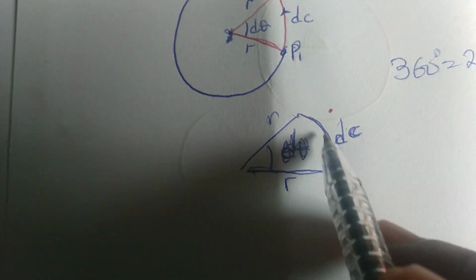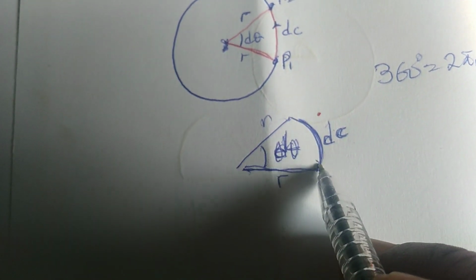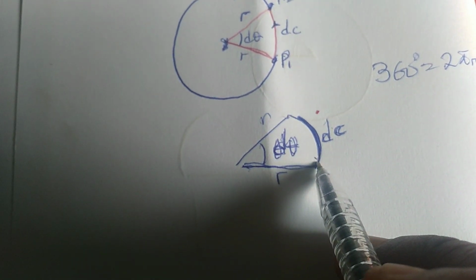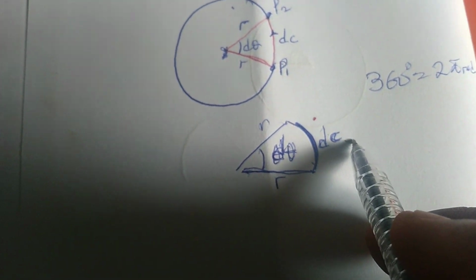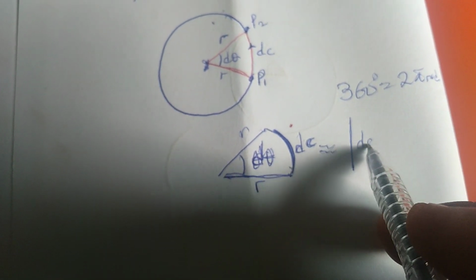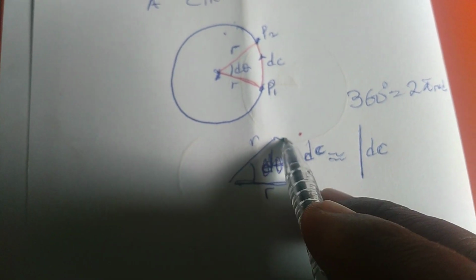Now, because this particular sector is very small, the portion of the circumference, this arc, is also very small, and it can be approximated to a straight line. So this dC can be taken as a straight line because they are very, very small, tending towards 0.